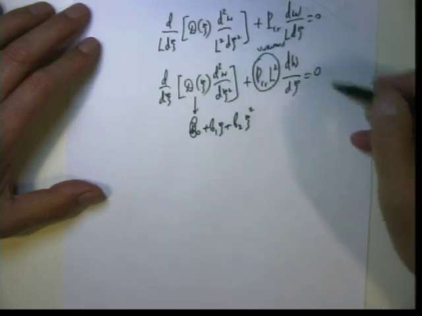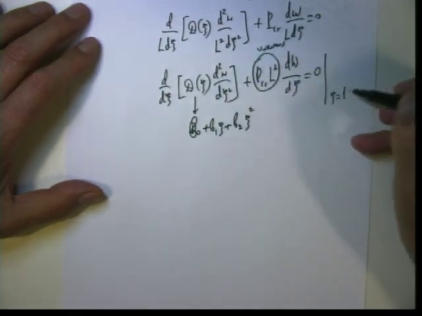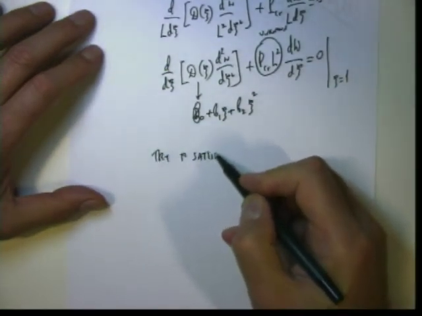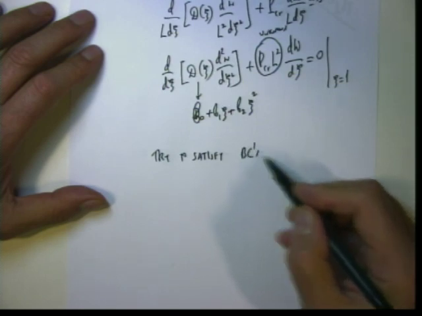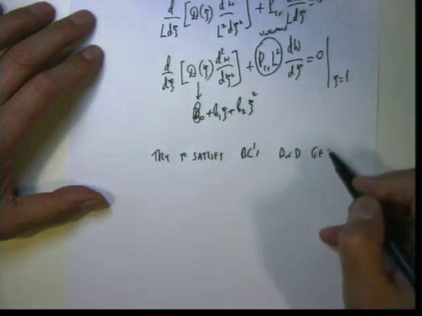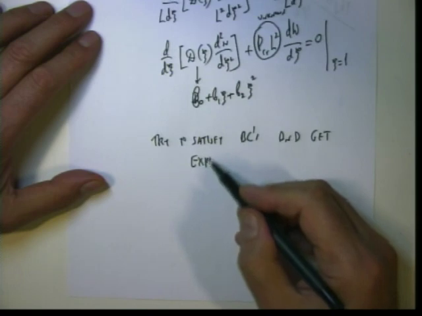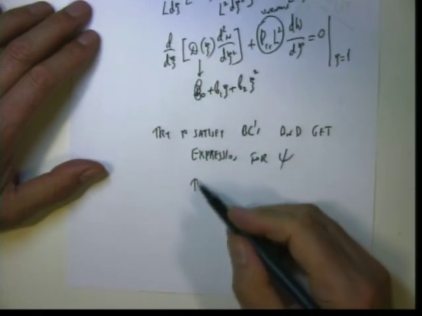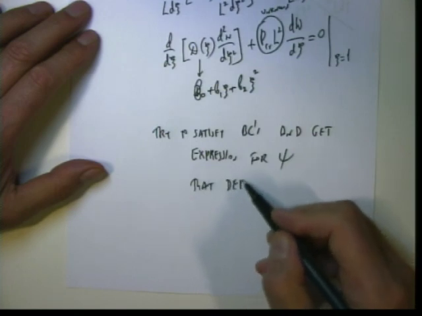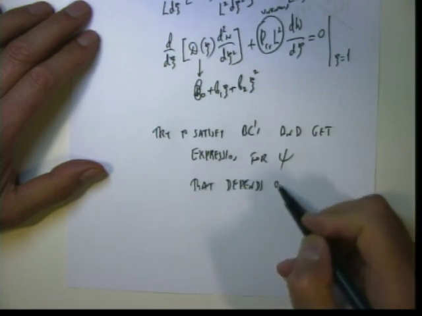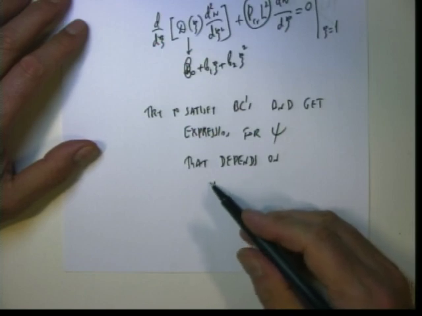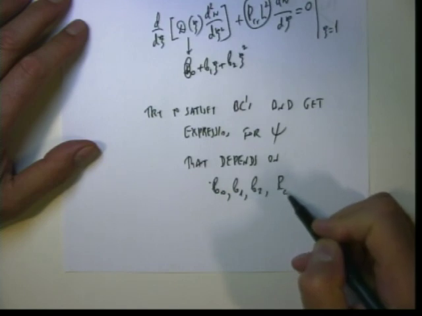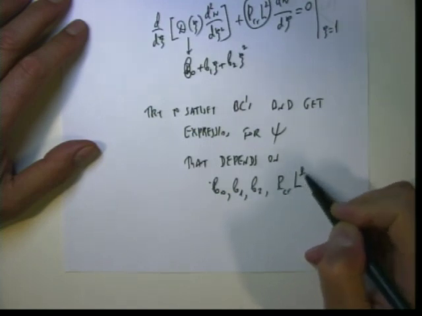So, and that is all for psi equals 1. Try to satisfy boundary conditions and get an expression for psi that depends on B0, B1, B2, and P critical L square.